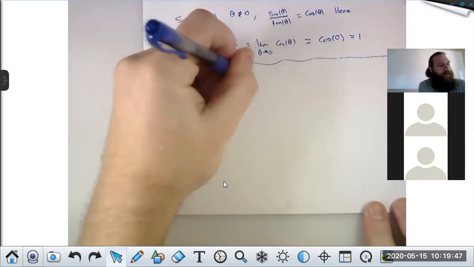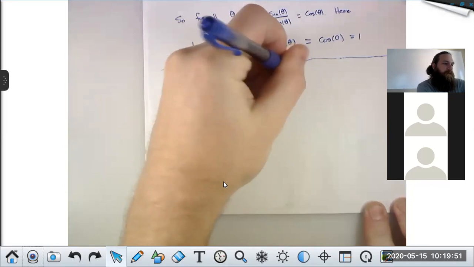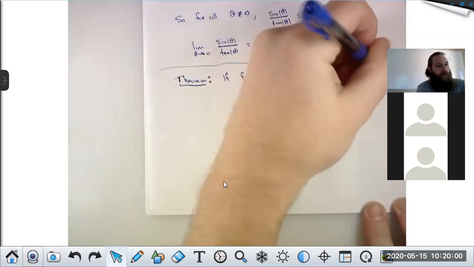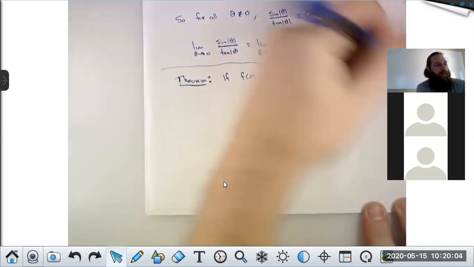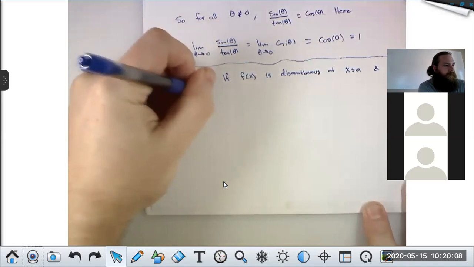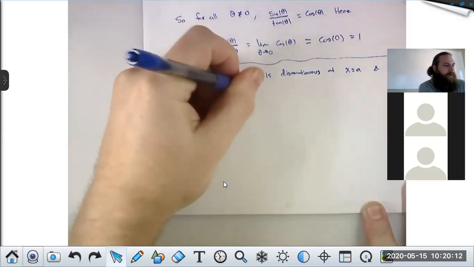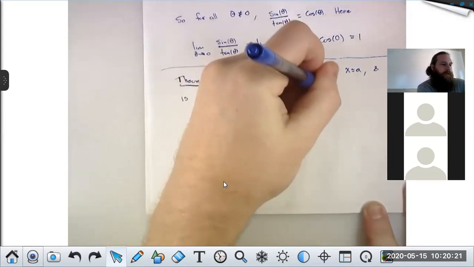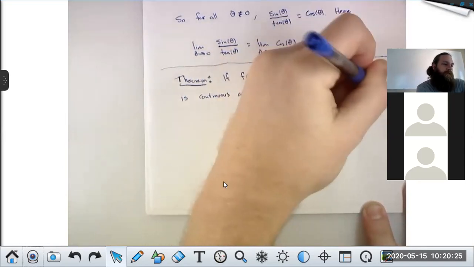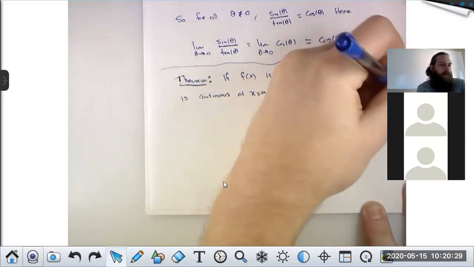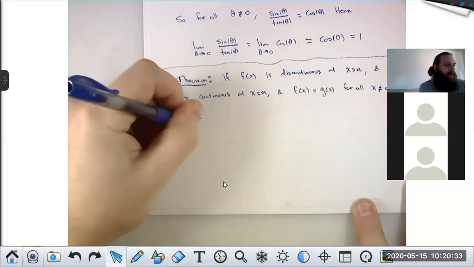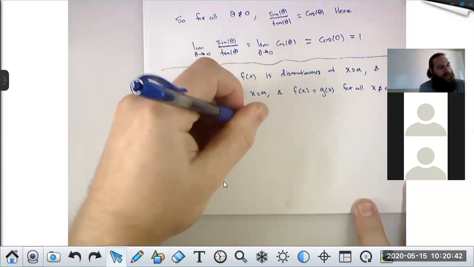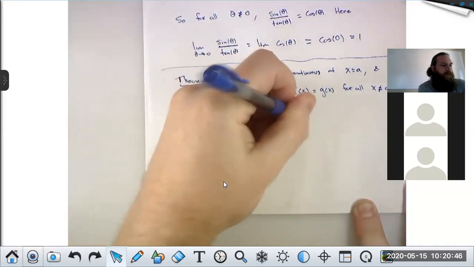If f of x is discontinuous at x equals a, and g of x is continuous at x equals a, and f of x equals g of x for all x aside from a, then the limit as x approaches a of f of x is equal to the limit as x approaches a of g of x is equal to g of a.